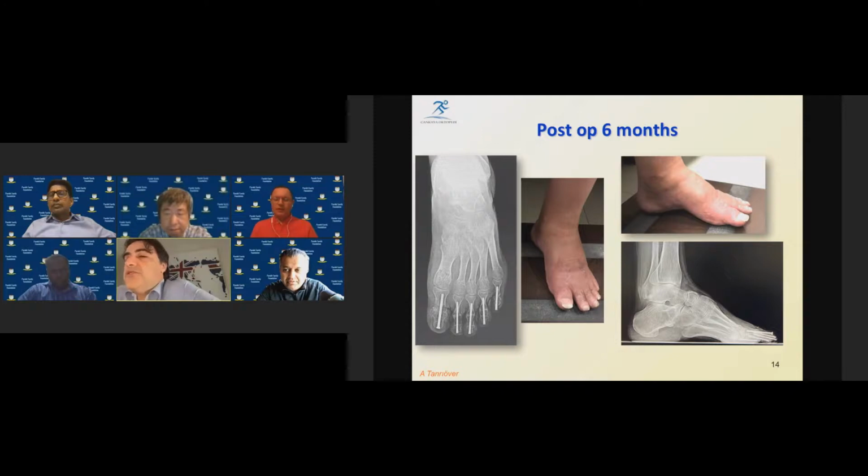In general, in your practice, it may happen that you add a rotational correction, and how you do this rotational correction and how you assess that it is properly done. This is a question, it's not just pointing at this case. Oh, okay, so just a general question. So what do you guys do? When do you decide on a dorsal closing wedge osteotomy to the midfoot, and when do you decide on a rotational correction to the midfoot? If you ask me, if the cavus is so hard, so high, you have to do a closing wedge.